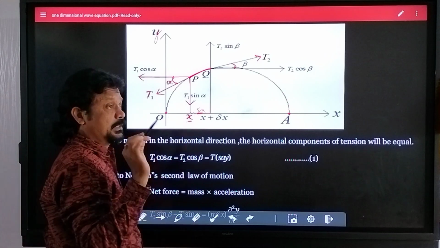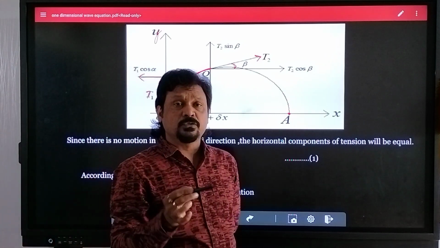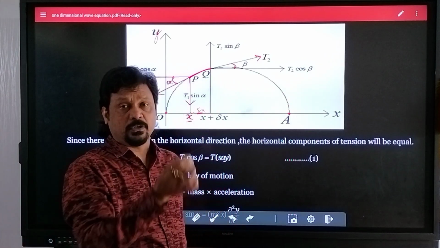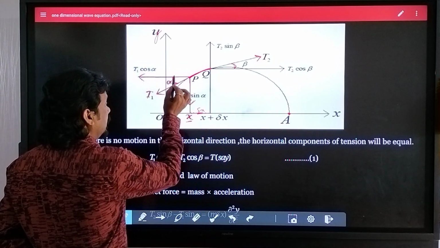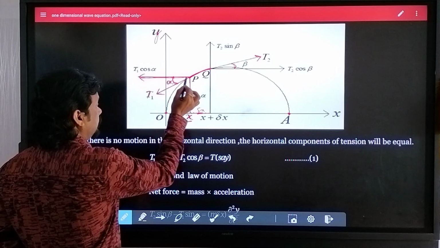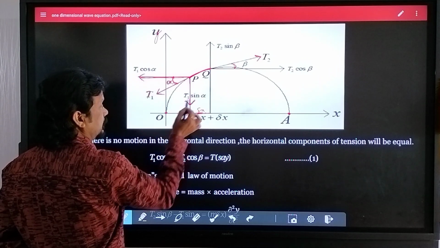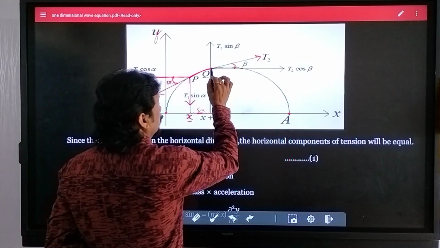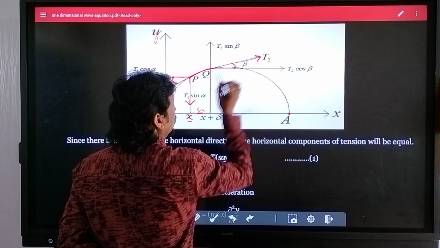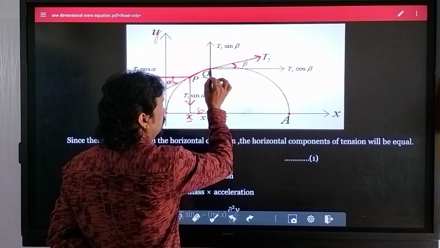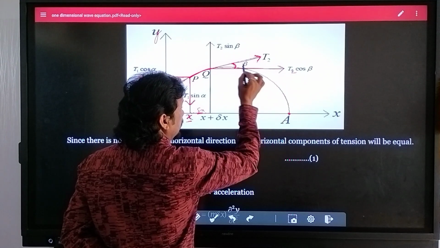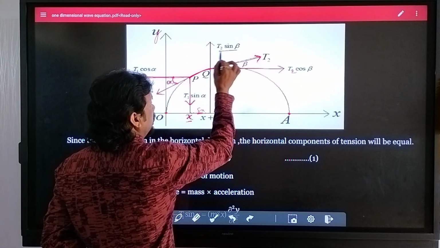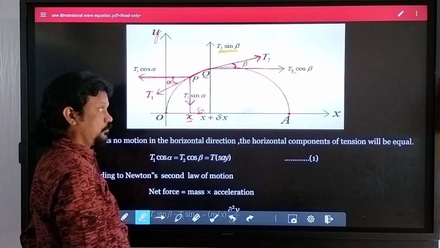Always remember, the component attached to the given angle will be cos, and the other component will be sin. Clear? And T2 is the tension which makes angle beta with the horizontal, so the horizontal component will be T2 cos beta, and the vertical component is T2 sin beta.